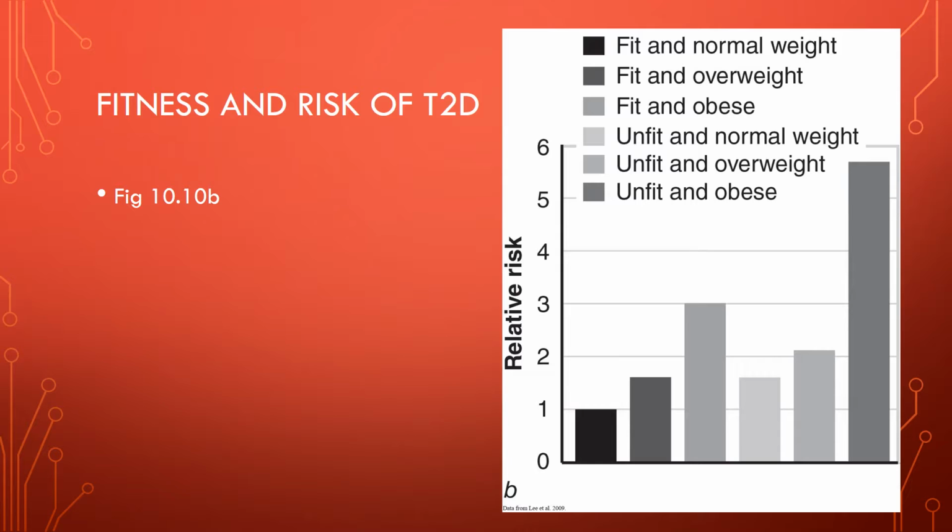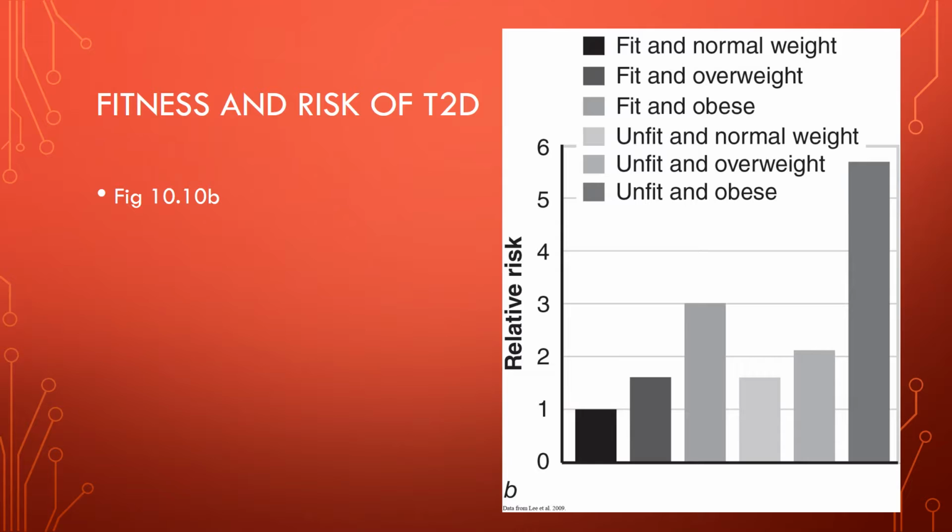So the reference group here is the fit and normal weight group. And then you can see fit and overweight, and then fit and obese, unfit normal weight, unfit overweight, unfit obese. So not surprisingly, the group with the highest risk is the unfit and obese group.